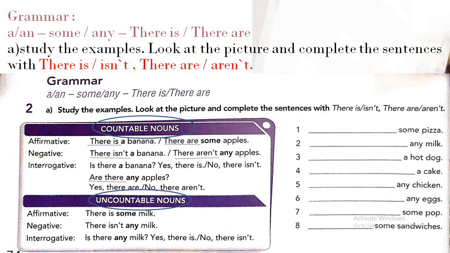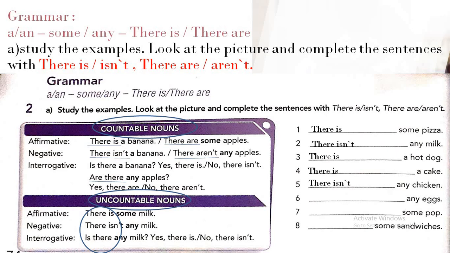And now, let me give you the answers. 1. There is some pizza. 2. There isn't any milk. 3. There is a hot dog. 4. There is a cake. 5.